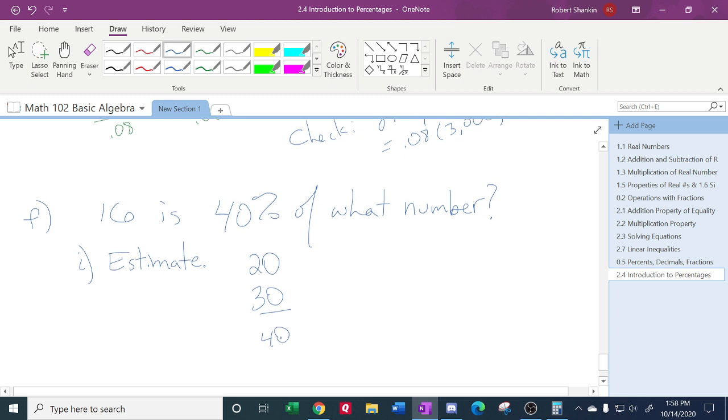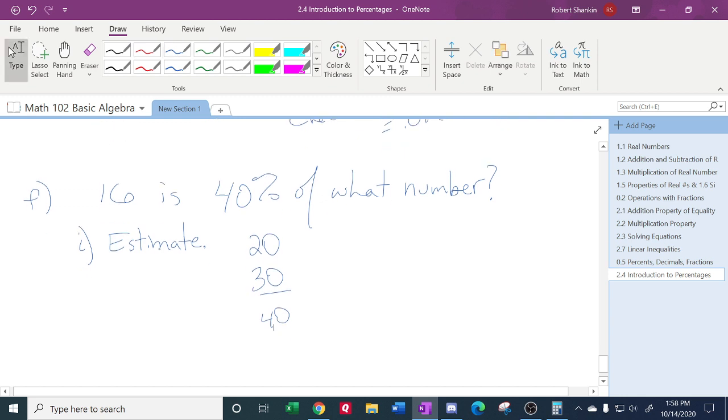And group 4 estimates? I would say somewhere in the 40s. So maybe 40 again. Okay. All right, so notice all three numbers are bigger than 16. And that's good, because 40% of some number is going to reduce the size of that number and bring it down to 16. So we're getting estimates kind of in the right direction.